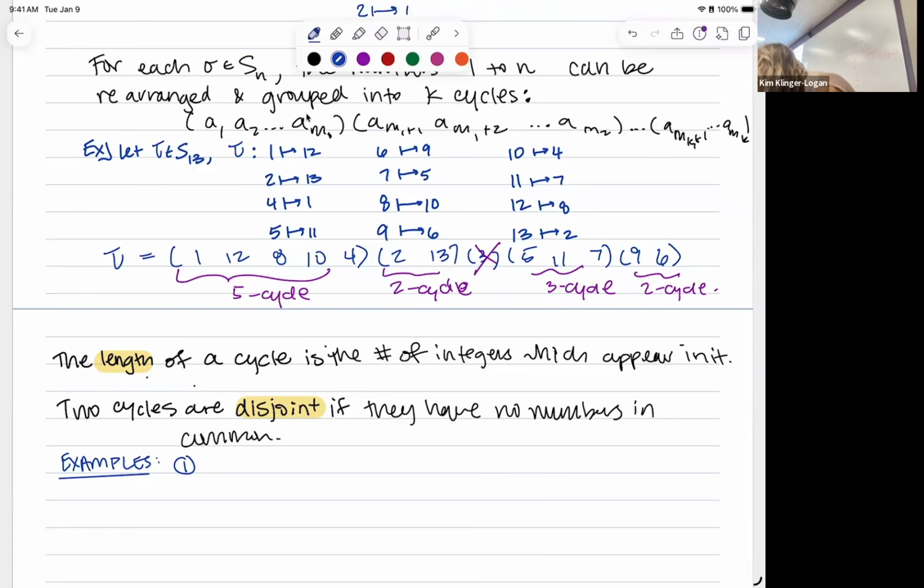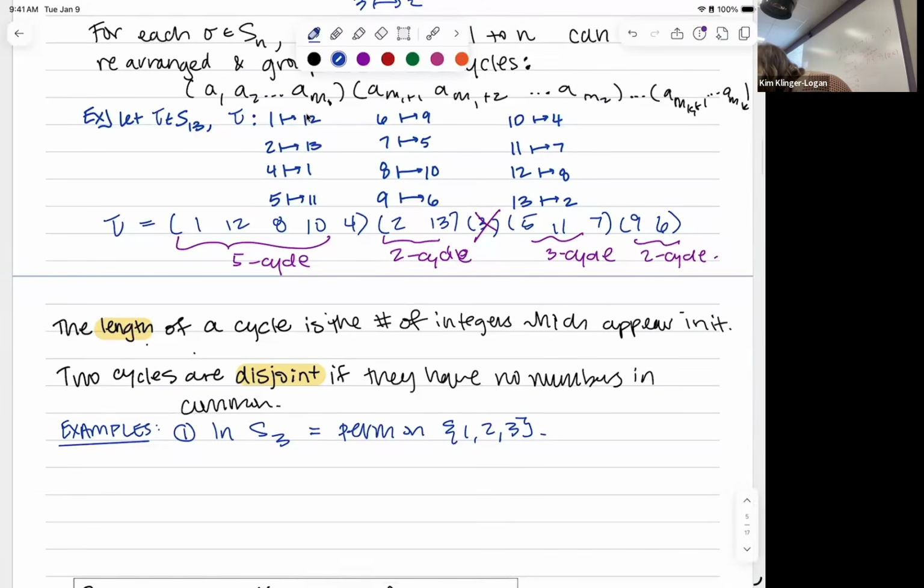So for instance, if I'm looking at S3, this is the set of permutations on 3 elements. And what are the things in this group?